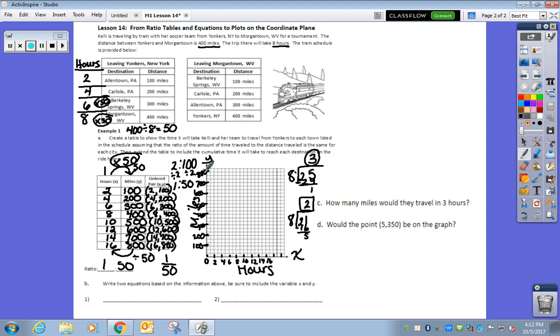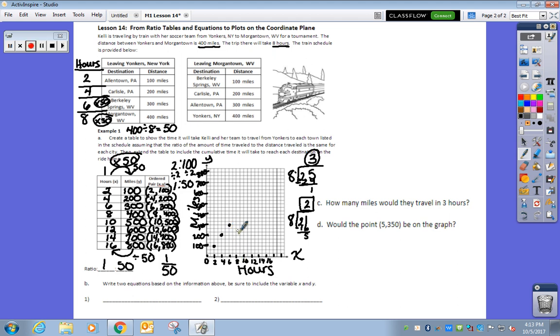Now, to put the numbers on the graph, what you're going to do is, (2, 100), my ordered pair, means I go over to 2, so the line where the 2 is, up to where it meets up with the 100, and put a dot. Over to 4, up to 200, put a dot. Over to 6, up to 300, put a dot.